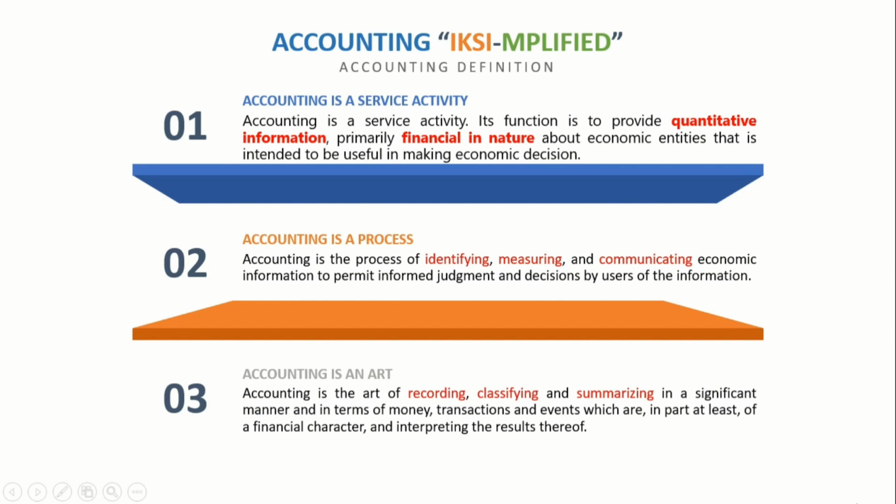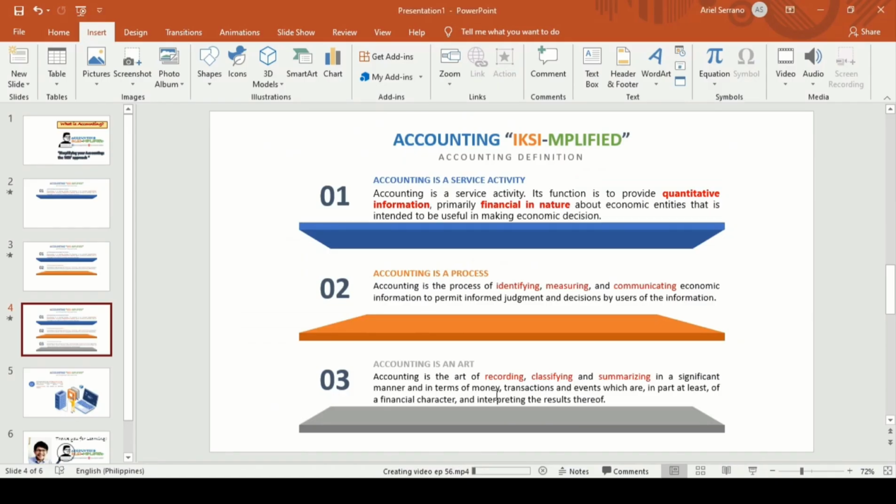So we can see that accounting is also an art because there is a flow, there is a beauty in it. We are following certain rules, we are following certain procedures, and this is an art of recording. So we record economic transactions in terms of money.